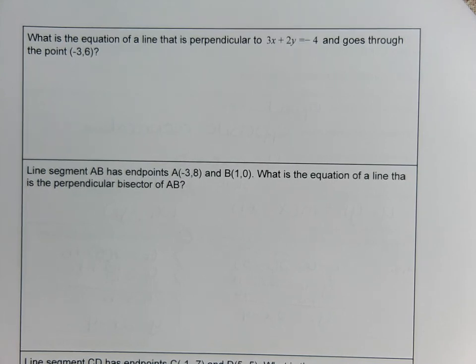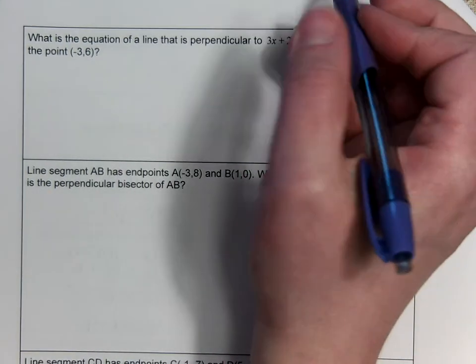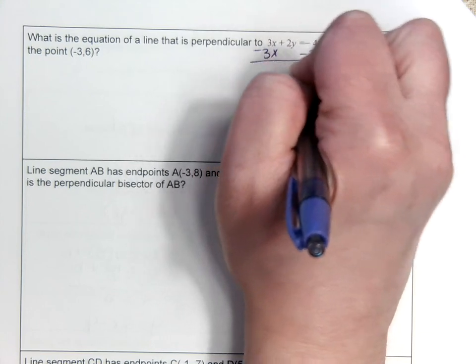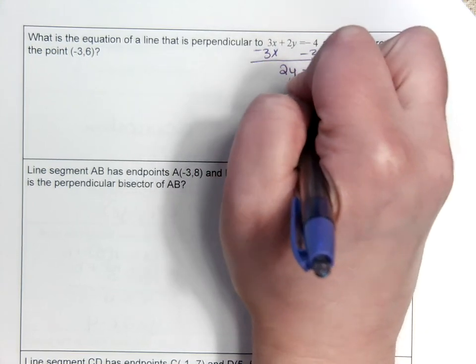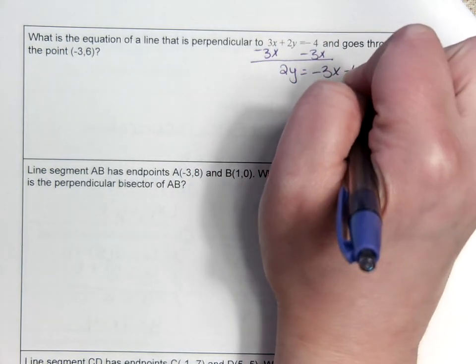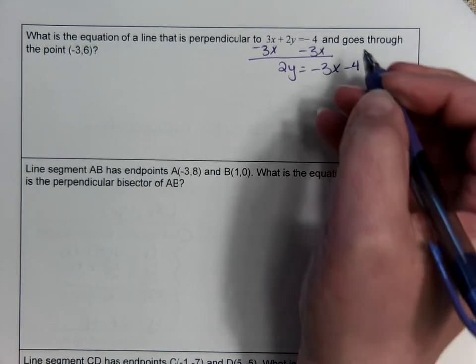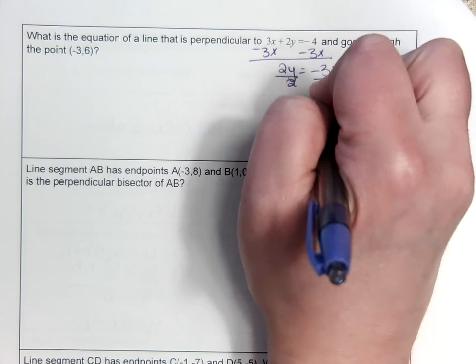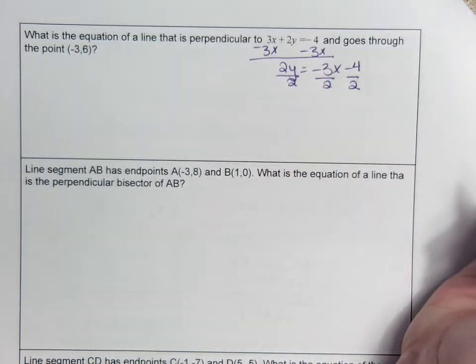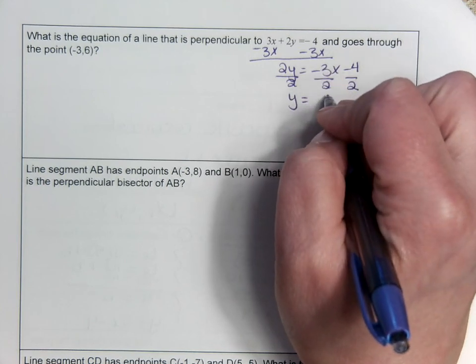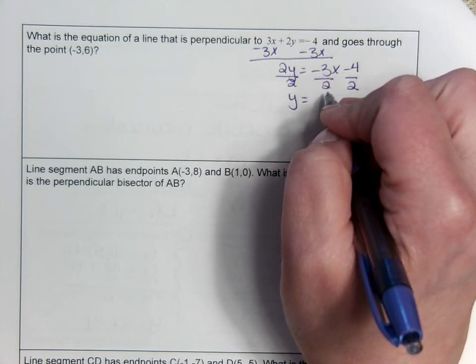So again, we need to solve for y first. First we'll subtract 3x from both sides. So we have 2y equals -3x minus 4. Still, the y is not 100% alone, so we have to divide everything by 2. So y equals, now I know this will give us a decimal, but we can't have slope as a decimal.